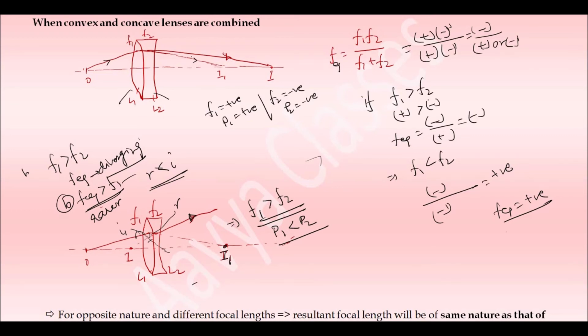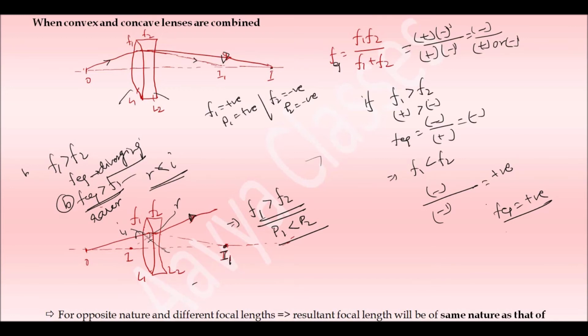Now, as this light ray is not converging at point I1, it will serve as a virtual object for this lens L2, and this lens L2 will diverge the light ray, and in turn the whole system will converge the light ray at the point I. So clearly, as F equivalent is positive, this system works as a convergent lens.